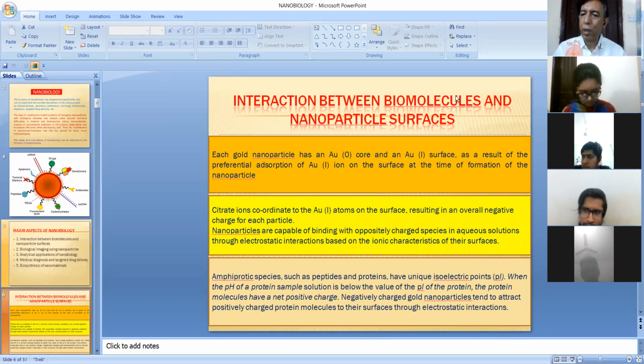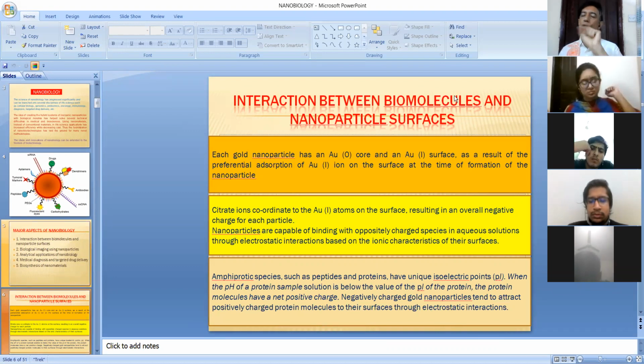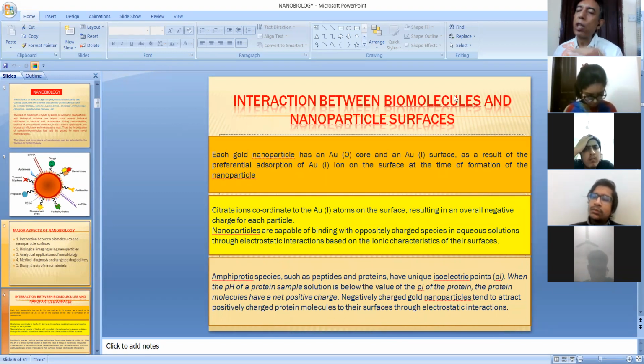Okay, have you understood? The protein is positively charged below its isoelectric point. We make a solution of protein which has pH below its isoelectric point. For example, alanine has isoelectric point 4, and we have made the protein solution at pH 2.